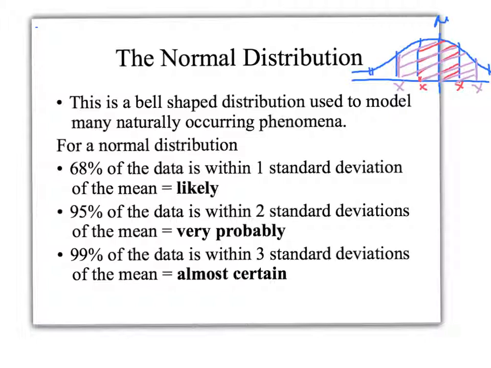And if I take a third colour from the third standard deviation here, the orangey colour, it's almost certain that students will be between the weights shown within 3 standard deviations, that orange area. They will almost certainly be there.